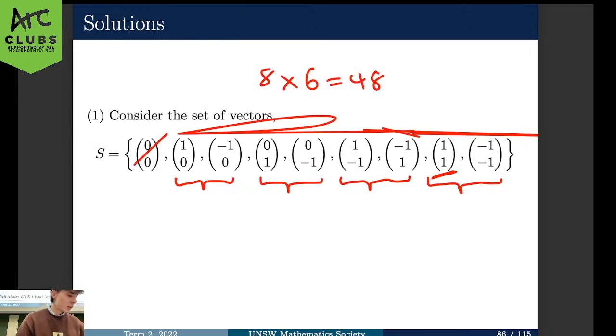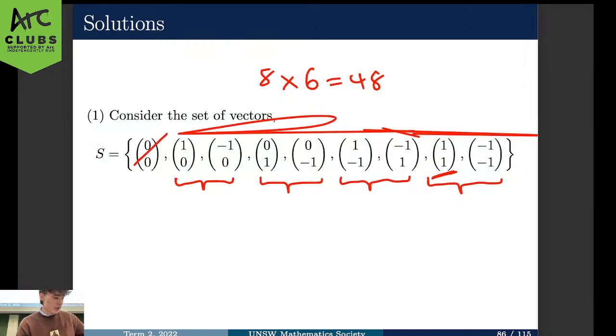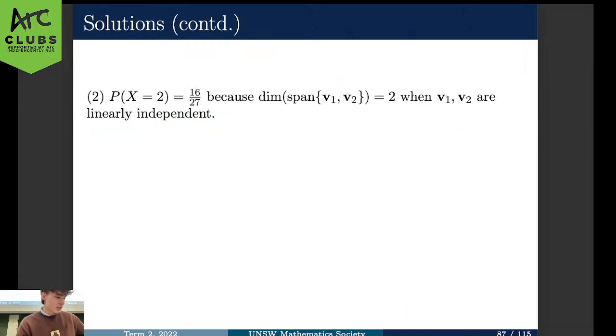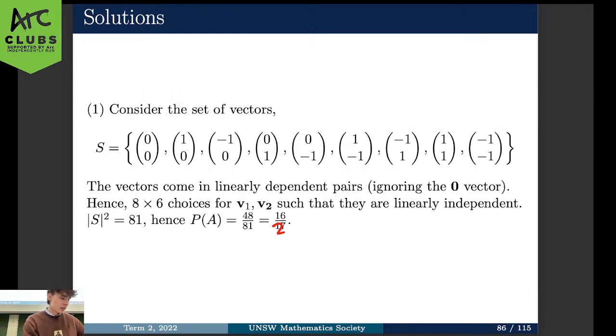Now we have to find the probability that the dimension of the span of the vectors is 1. That's only true when the vectors span a line. In other words, the vectors are scalar multiples of each other. So looking at our set of vectors, which was given here, we want to find the number of ways that we can choose 2 vectors such that they are scalar multiples of each other.